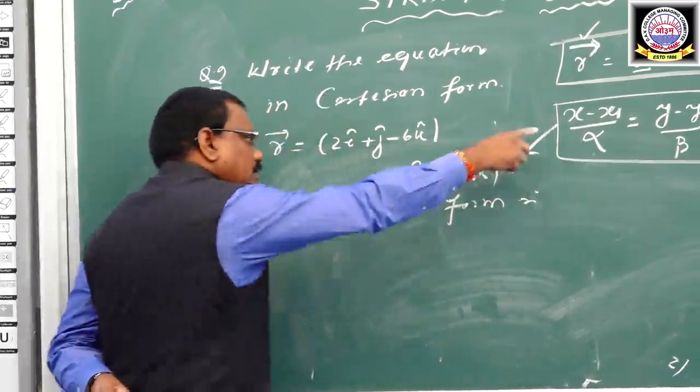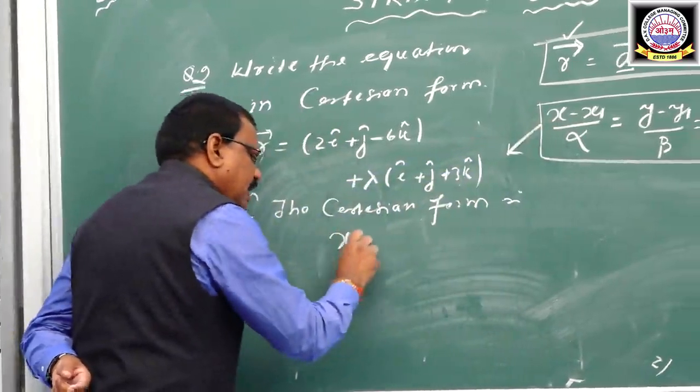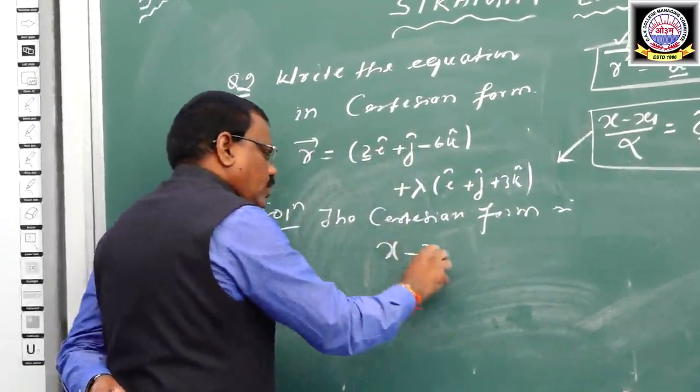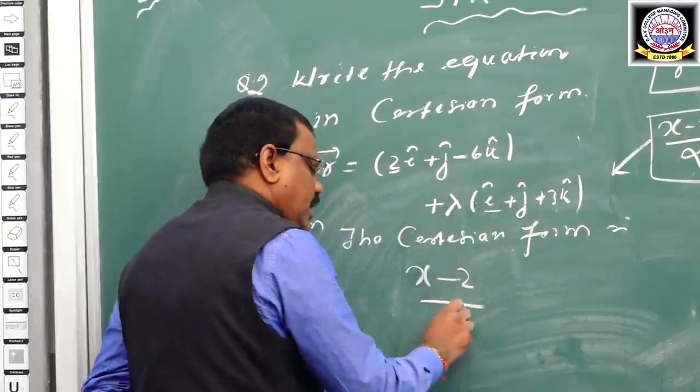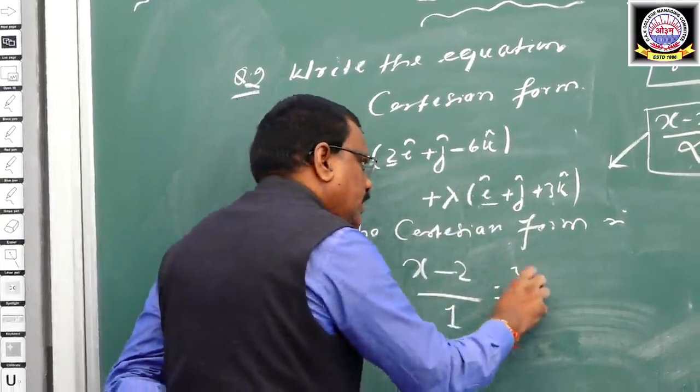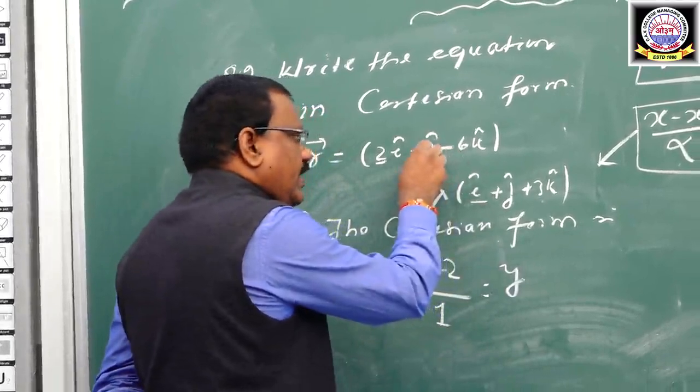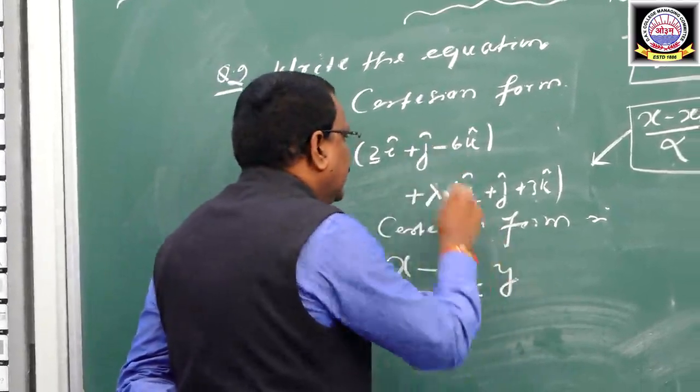is x minus x1, that is 2, by alpha, coefficient of i is 1, is equal to y minus y1, in place of y1, 1 is there.